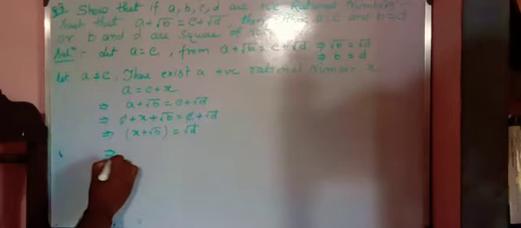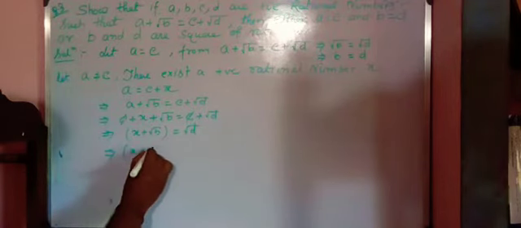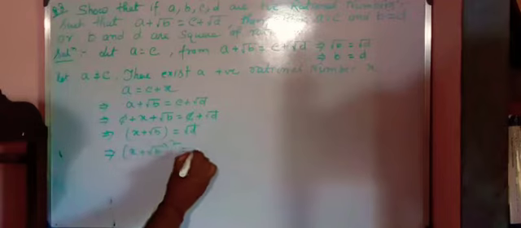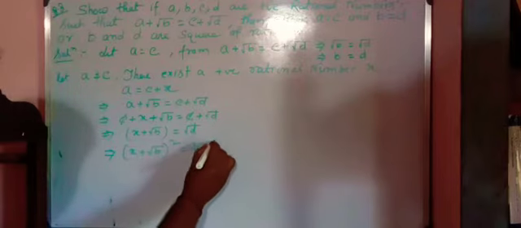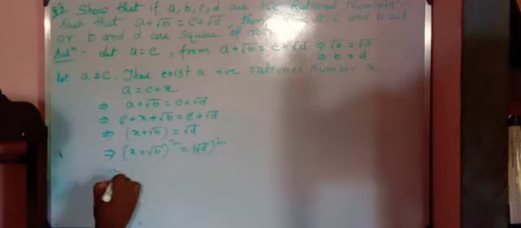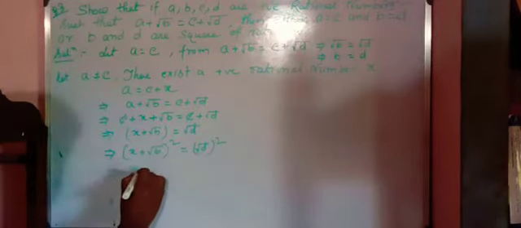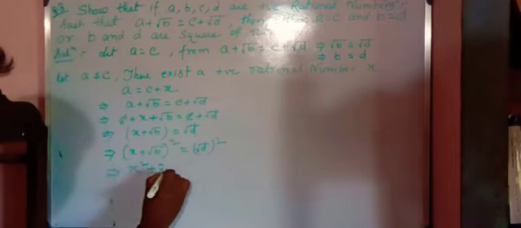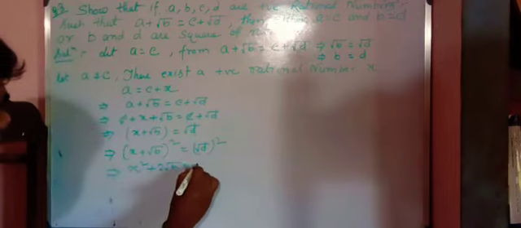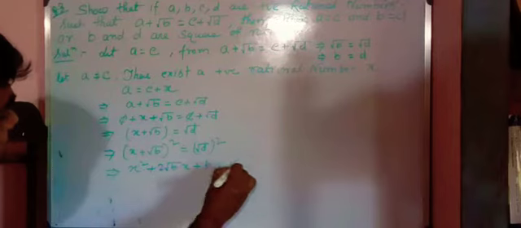By squaring, x plus root b whole square is equal to root d square, that is, hope here it is visible to you, x square plus 2 root b x plus b is equal to d.